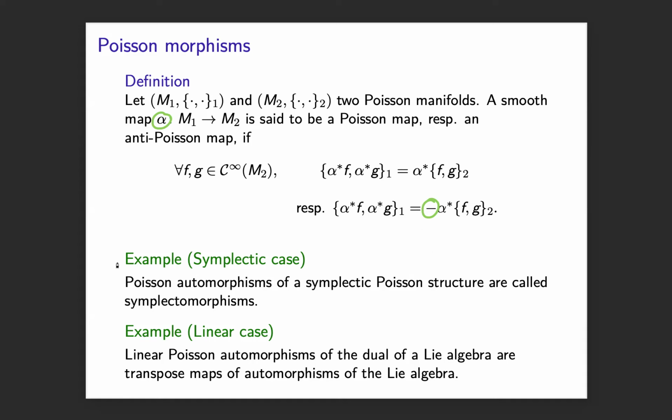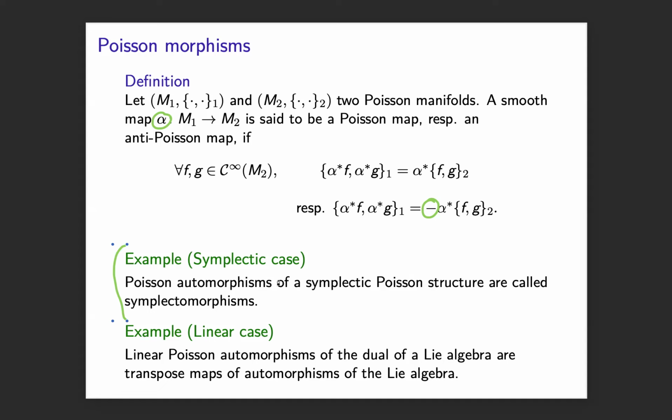And here again, let us see two examples. The first example is more of a terminology, actually. Poisson automorphisms. A Poisson automorphism is a diffeomorphism, which is also a Poisson map of a Poisson manifold into itself.